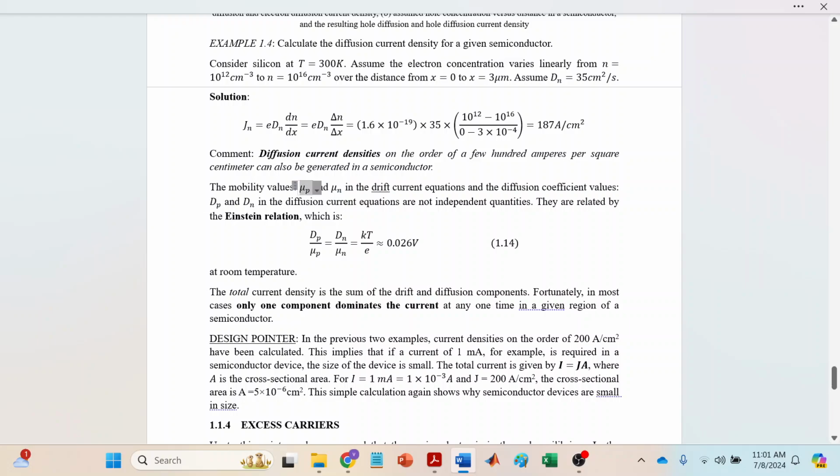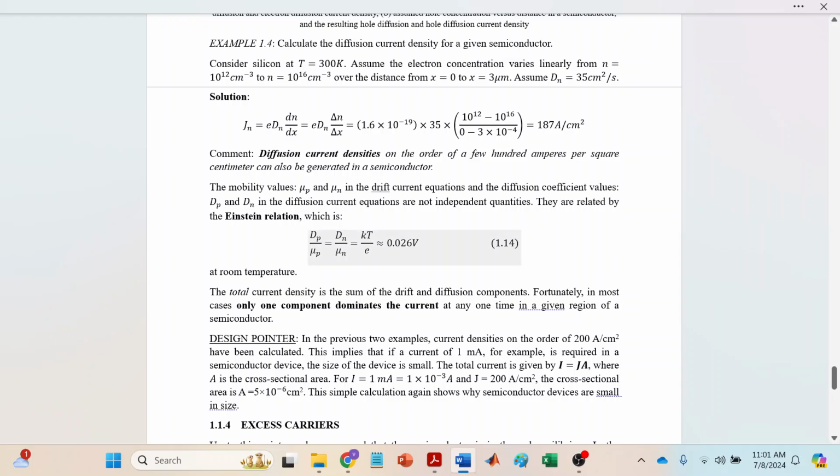These are the mobility values as a result of the drift current density, and these are the diffusion coefficient values as a result of the diffusion current densities. They are not just independent, but they depend on one another, and they are related to one another within Einstein's equation.